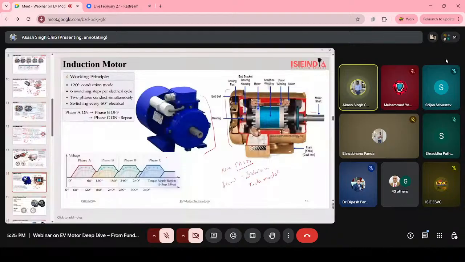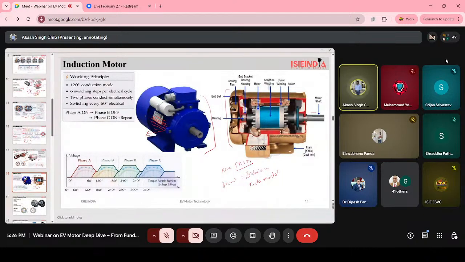Okay, and as you can see the shape of this motor, and you have seen the shape of the engine as well. These motors are shaped like this because of what we call fins. They reduce the heat generated inside the motor and release it into the environment.